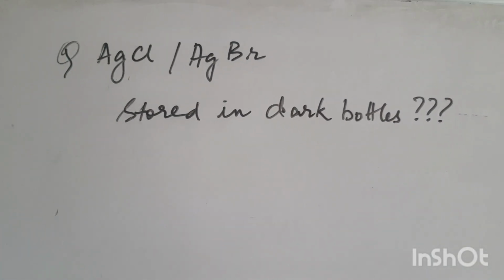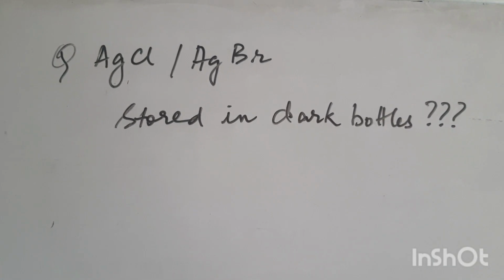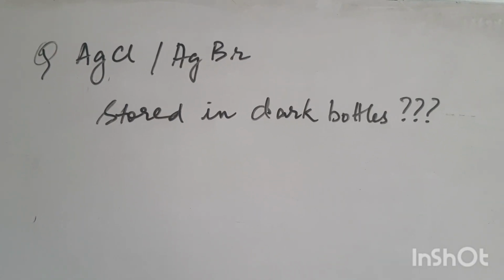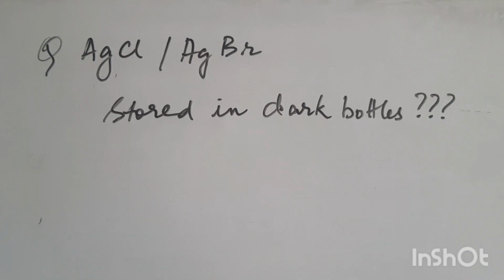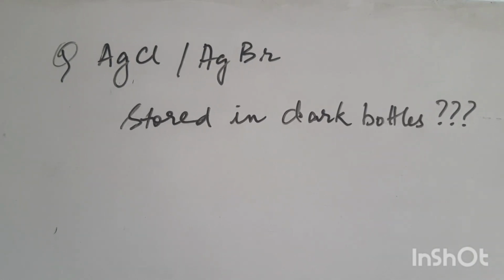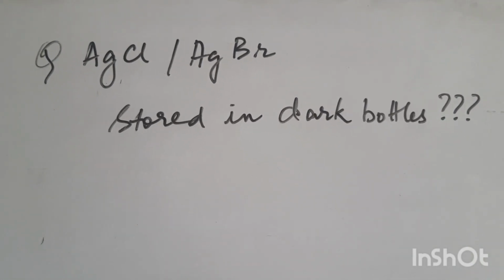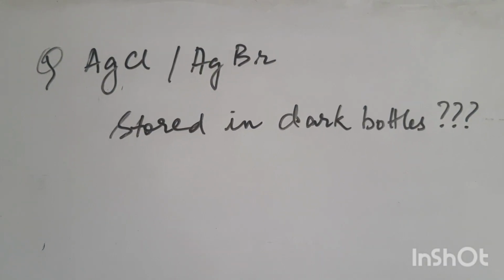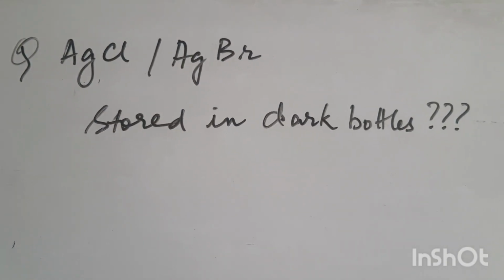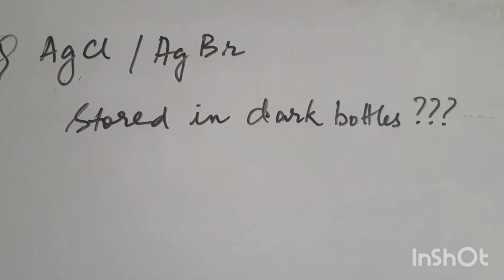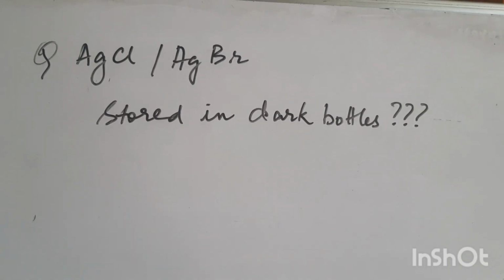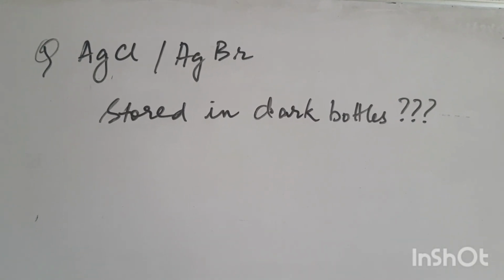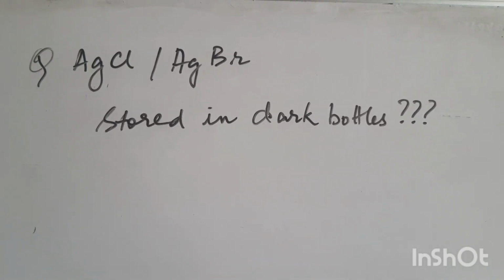So I've given the question: why are silver chloride and silver bromide stored in dark bottles? Just now I have explained. You can go back and see why they are stored in dark bottles. If you have understood, just drop your answer in the comment box. Thank you.